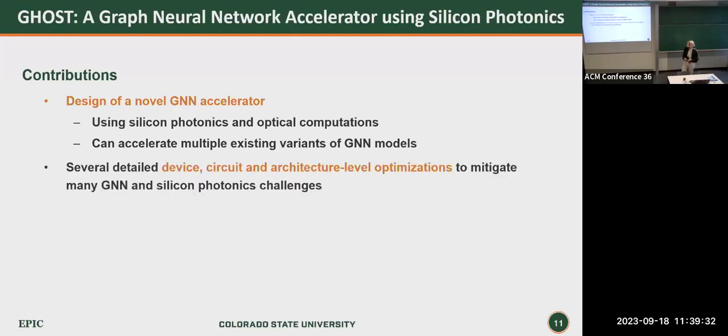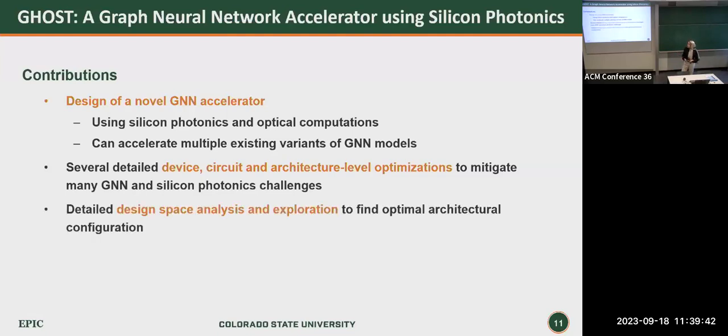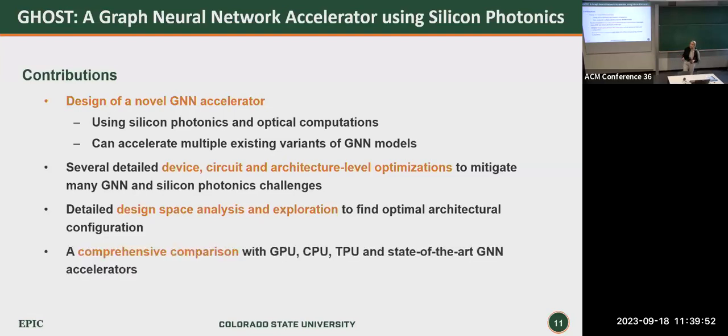We conducted several detailed device, circuit, and architecture level optimizations to mitigate the various GNN and silicon photonics challenges. We also conducted a detailed design space analysis and exploration to find the optimal architecture configuration for our design. And finally, we did a comprehensive comparison with the TPU, CPU, GPU, and several state-of-the-art GNN accelerators.